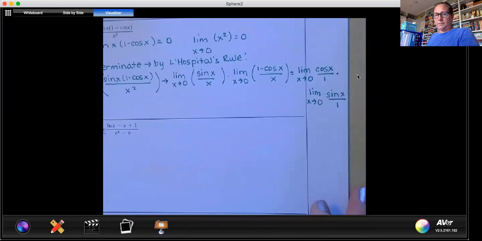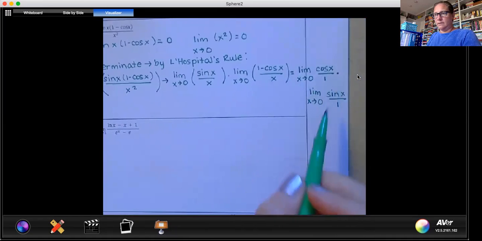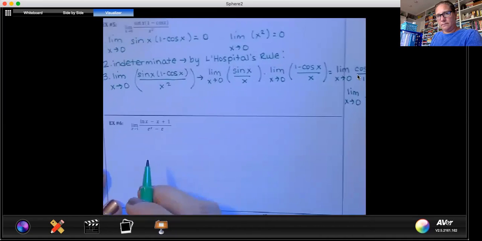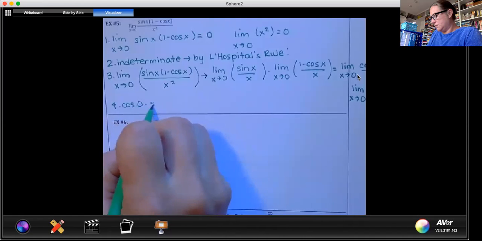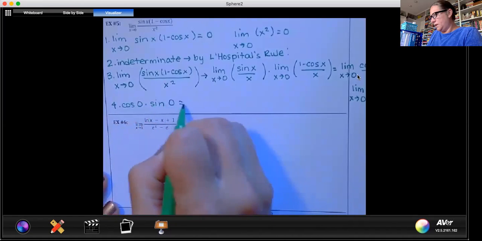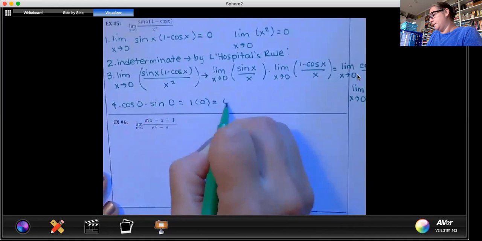So that makes it much, much easier. Cosine times sine, plug in our 0. And 1 times 0 is 0.